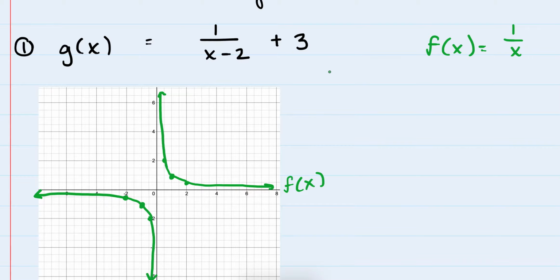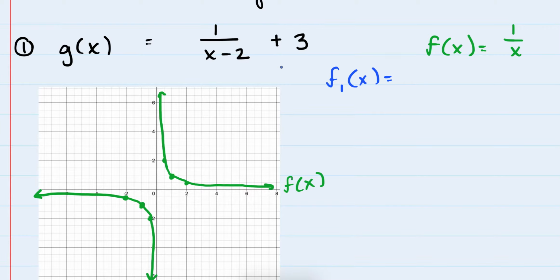Now I'm going to define a new function, and I'm going to define it in blue. And I'm going to call it f sub 1 of x. Sometimes I don't say sub 1, I'll just say f1 of x. And I'm just going to choose some way to manipulate this. Notice that I have two things that are different. I have this -2 and I have this 3, and I just choose one of them.